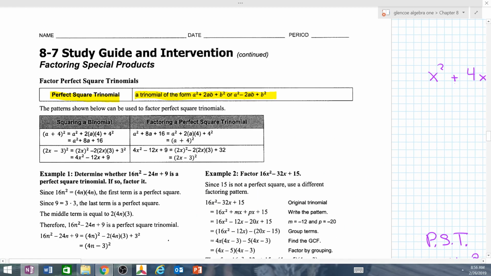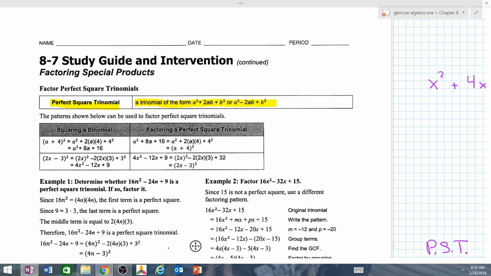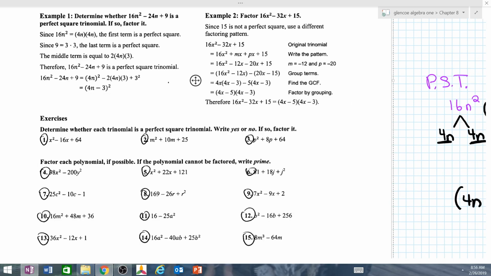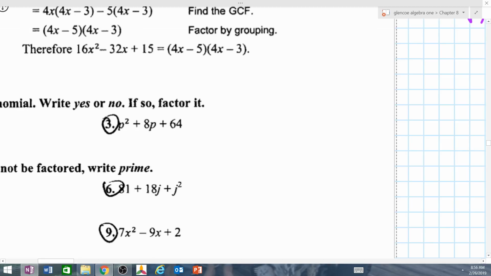Perfect square trinomial. Let's go ahead and look at number 3. Is it a perfect square trinomial? I need a yes or a no. And then if it is, I need you to factor it. Is everyone with me?